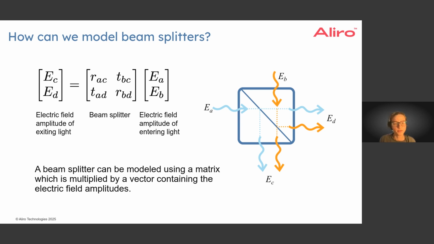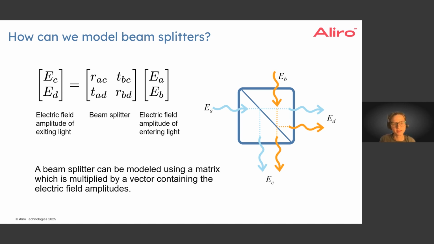Now, if we do this matrix multiplication, we'll see that some of the light that enters from the left is going to transmit, and some of it will reflect. And we can also see that some of the light entering from the top is going to transmit, and some of that's going to reflect. We can predict how much that will be by multiplying out the matrix and the vector.